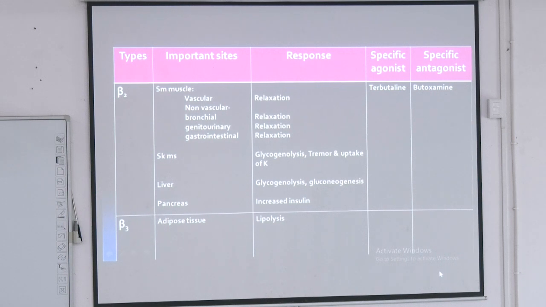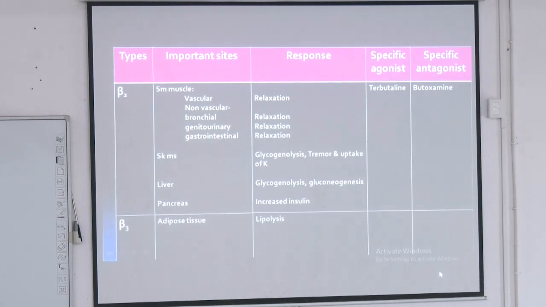Uptake of potassium means there will be hypokalemia. And that is being utilized where you can see there is one disease that is known as the periodic hyperkalemic periodic muscle paralysis. In this case, we can reduce the potassium level in the blood by giving beta 2 agonists.